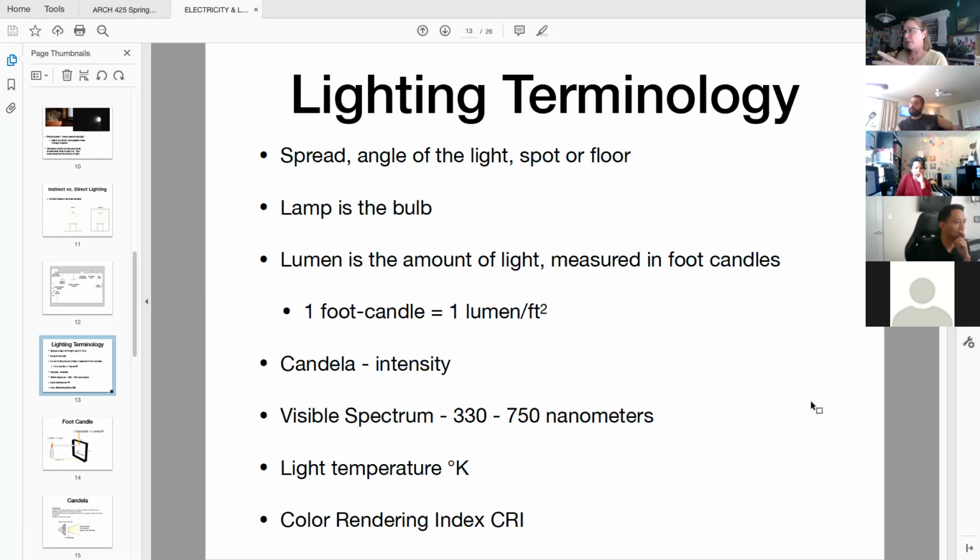Temperature is simulating daylight temperatures, and there's a range. And then CRI is the quality of the colors that you can see for that lamp and or fixture.